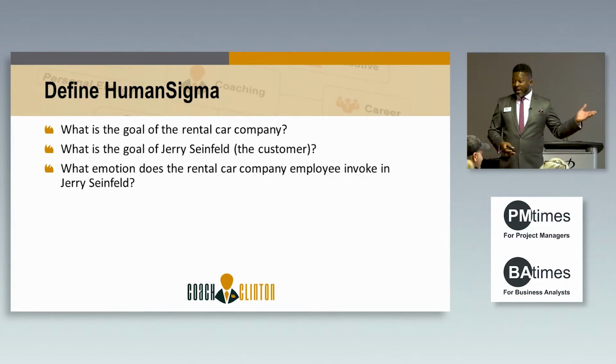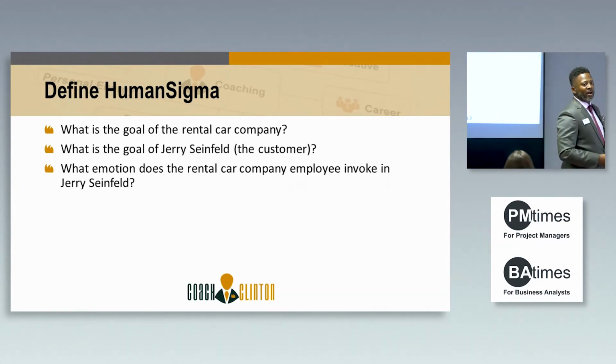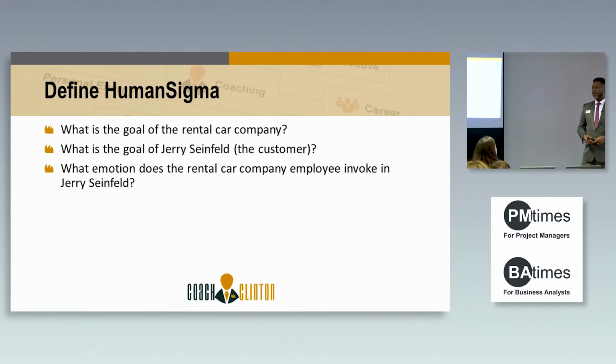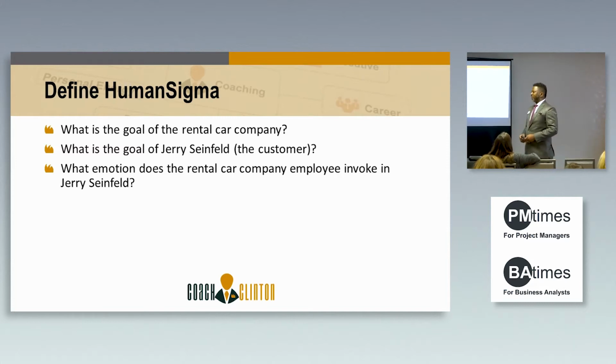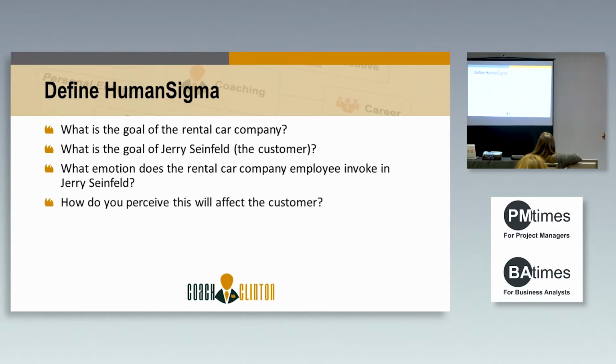But the car's not held for him, even though he made the reservation, even though he is now going to walk away with a car. What kind of feedback is he going to give about the company? Negative, right? They're in contradiction of what their actual goal is from an organizational standpoint. So again, he's going to go out, he's going to be negative.